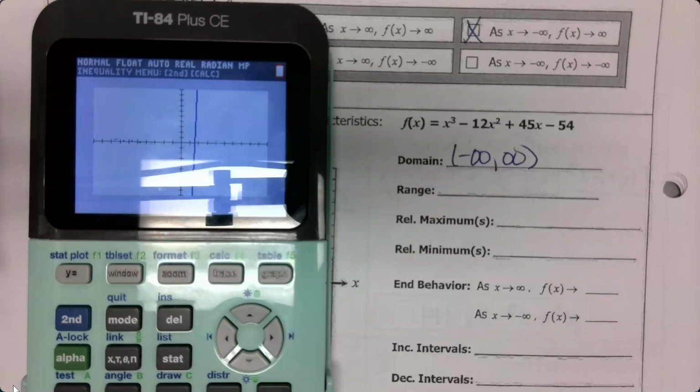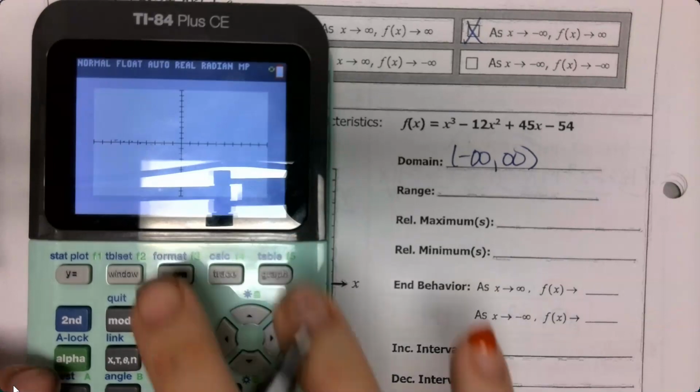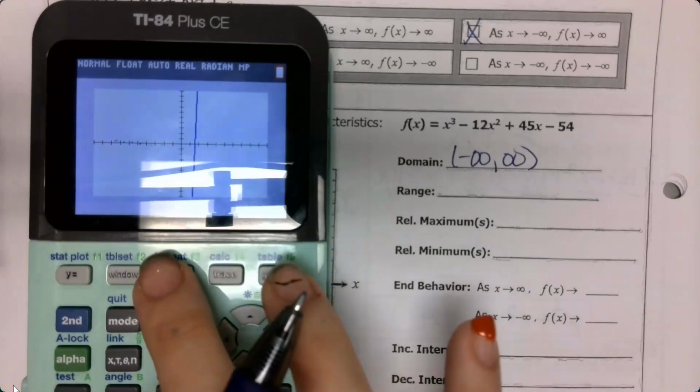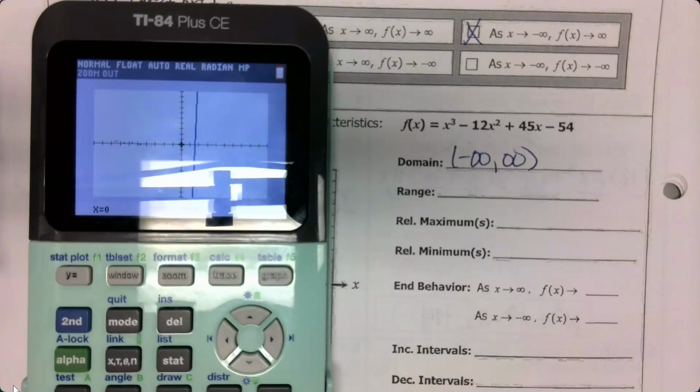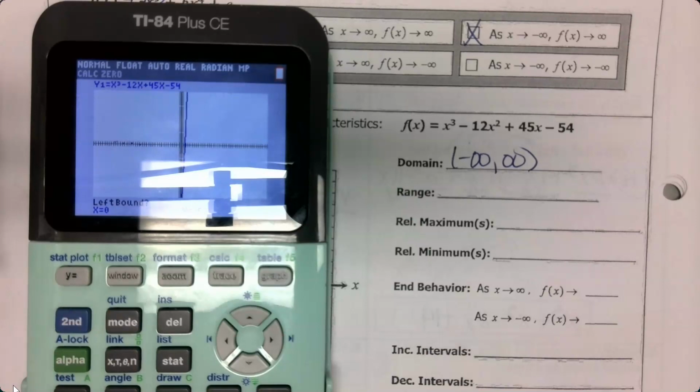Okay. So let's zoom out a bit. Nope, I pressed the wrong zoom. And then I press enter to make it zoom out. Okay, so I'm going to figure out where that 0 is. I'm going to go second trace, 0. Then I want to see the cursor on the left side. I press enter. I cross the x-axis. I press enter again.